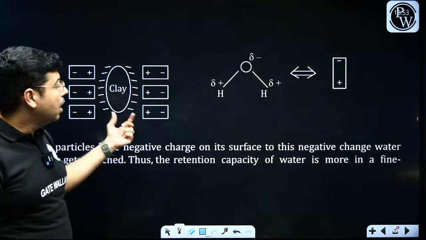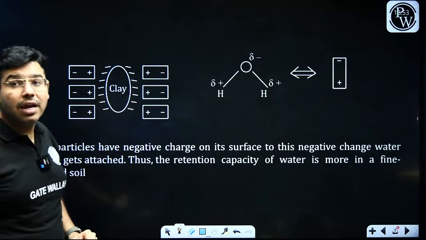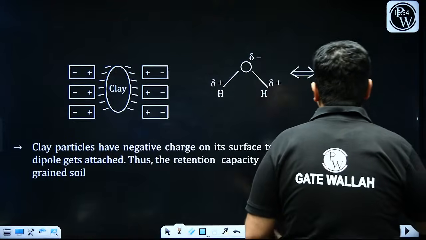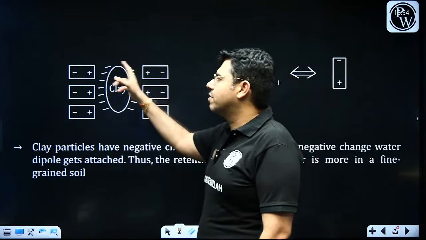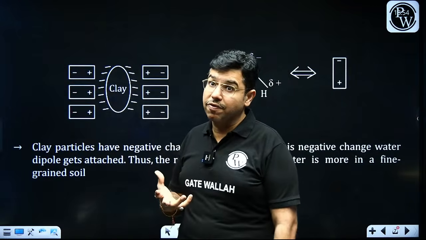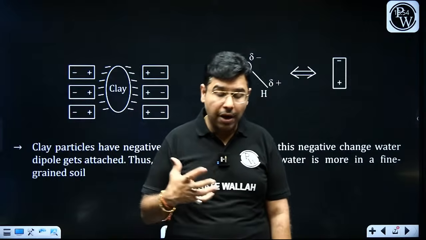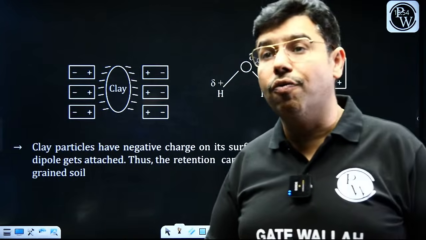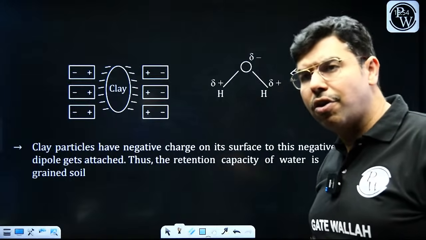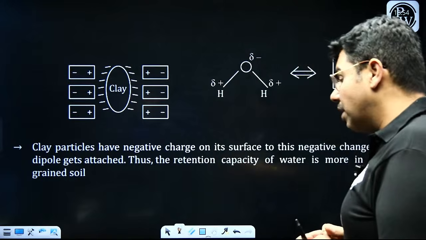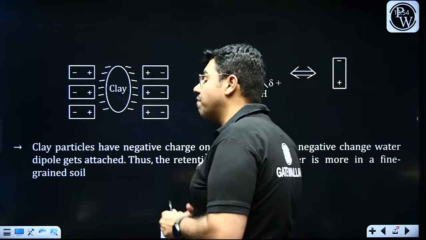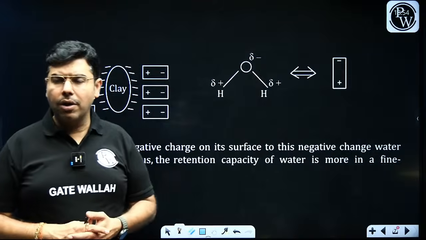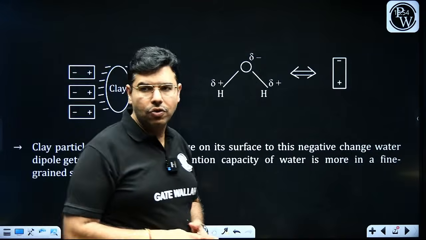The surface of the clay is negatively charged, so it can easily pull the positive pole of the water particle towards itself, and the specific surface area of the clay particles is very large, so it can absorb a large quantity of water without getting converted into liquid state. Thus, we can say that clays or fine grained soils generally have more water content as compared to coarse grained soil. Got it?